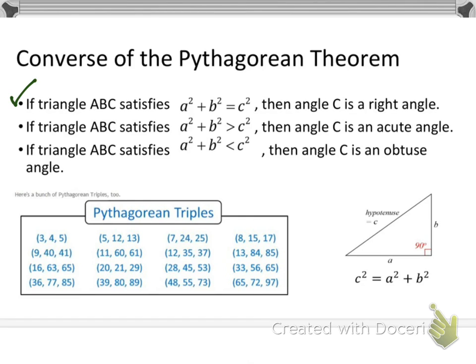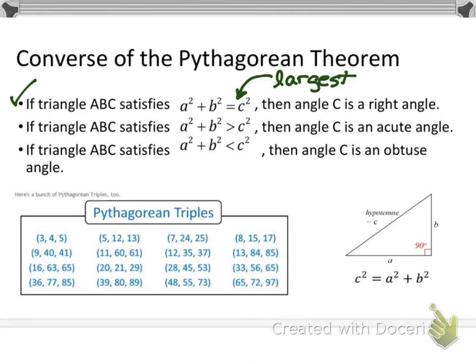Okay, so this is the deal. The side that is your c is always going to be the largest. So if you always pick that to be your largest, you can check out this relationship. So let's say I'm given a triangle. I'm just going to tell you that a triangle has the following 3 sides.